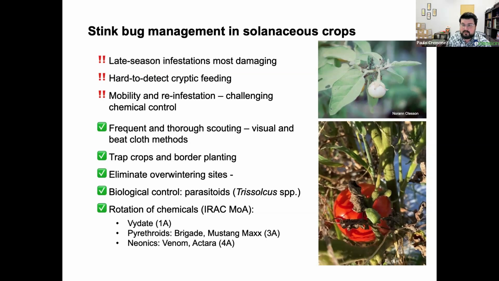So once your plants are tall enough, you can just lay out a black cloth, or a white cloth in between the rows, beat the plants, and if you see a consistent amount of stink bugs, like 2 to 5 stink bugs per beating, then you have your action, decision making action. So you use a low risk method like insecticides.